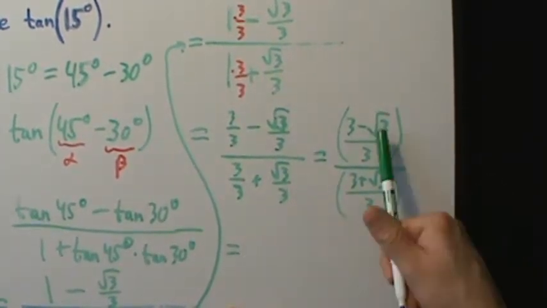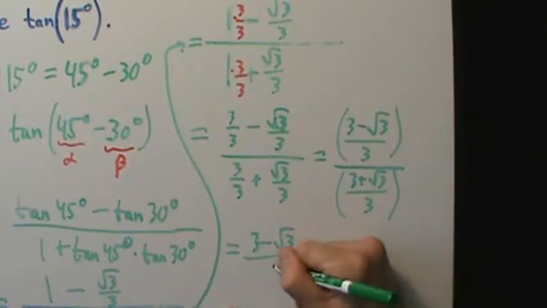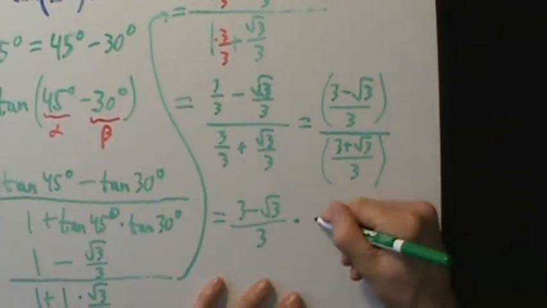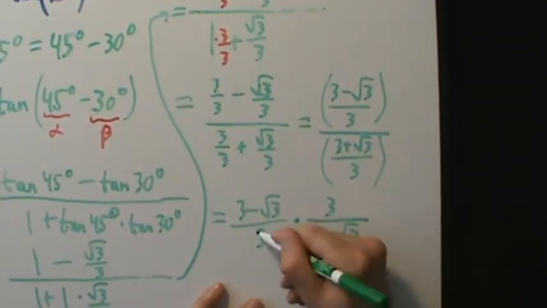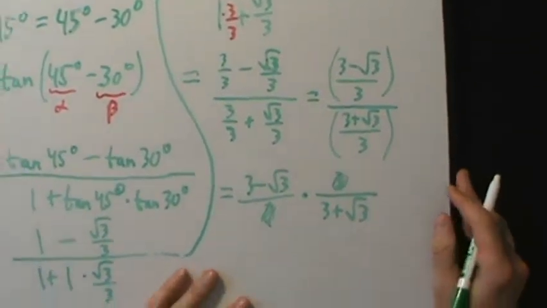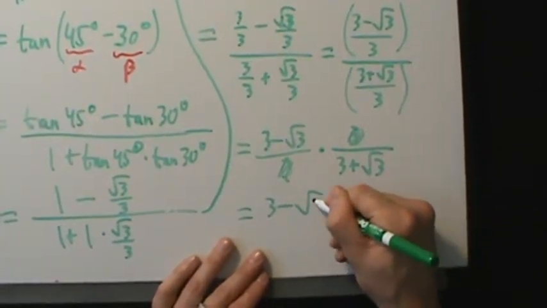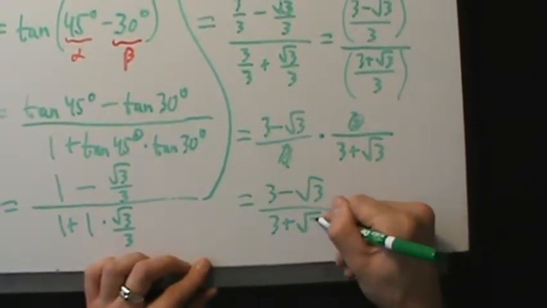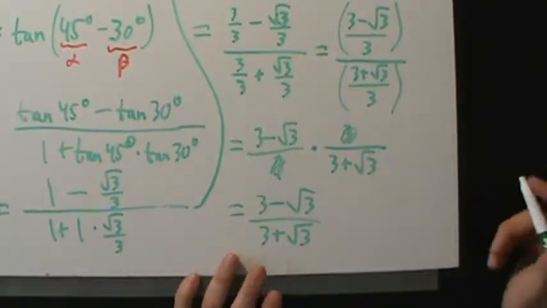So this whole thing on top, 3 minus root 3 over 3, times the reciprocal of the bottom, that's 3 over 3 plus root 3. The 3s cancel, and we end up with 3 minus root 3 all over 3 plus root 3. Now again, just like in the previous video, what we want to do at this point is rationalize the denominator.